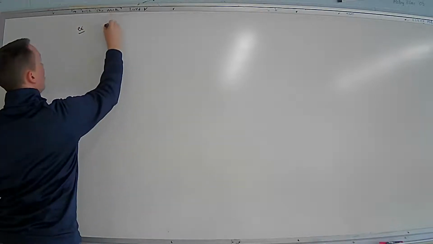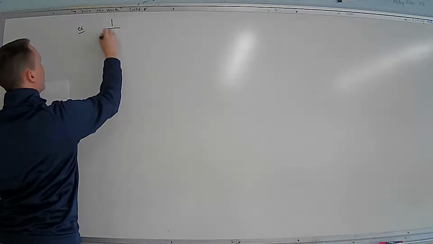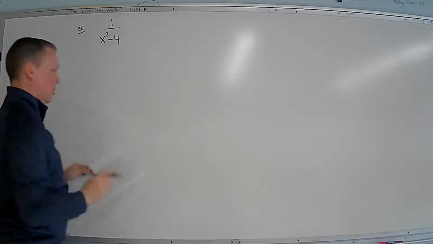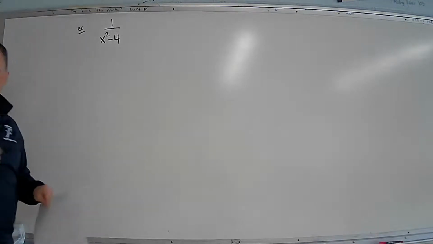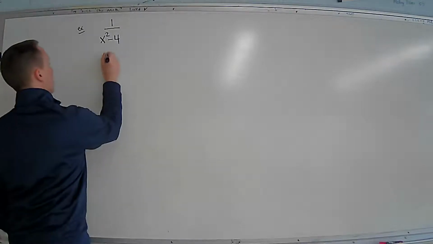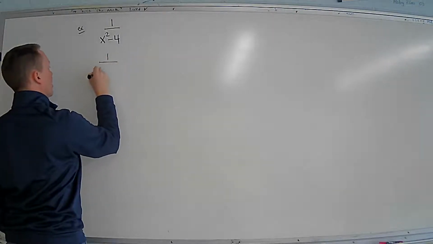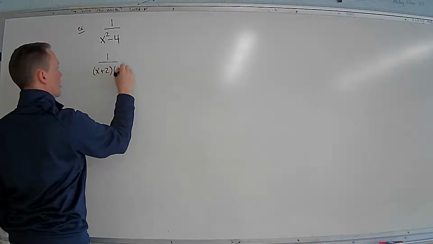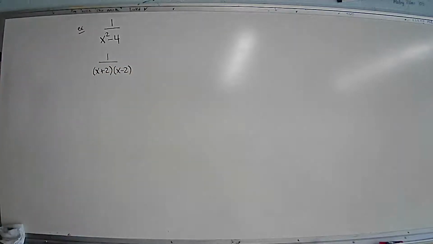All right, so here we go. Here's another example for us. How about 1 over x squared minus 4? Okay, so we're going to decompose that into partial fractions. So our first step is going to be factor the denominator. So that's 1 over x plus 2, x minus 2.